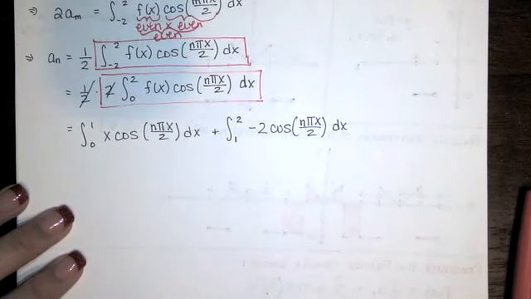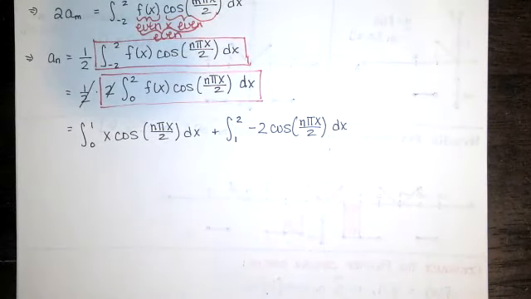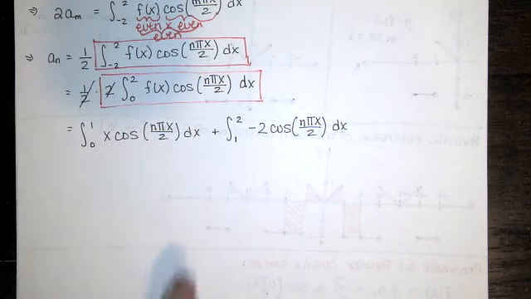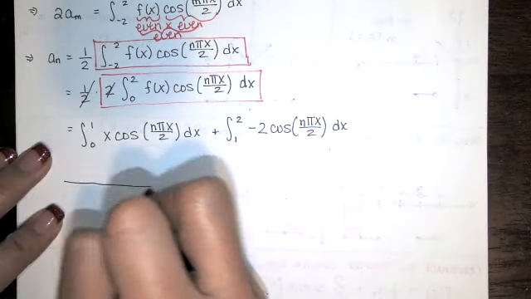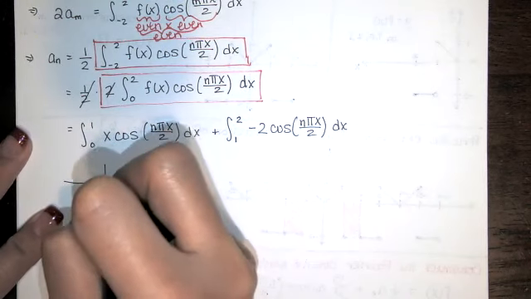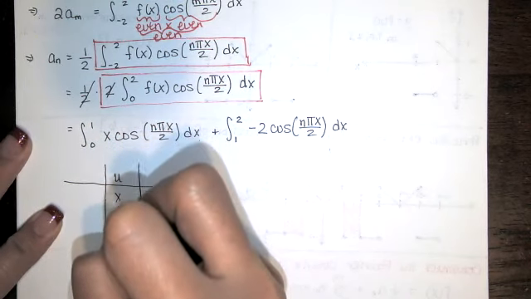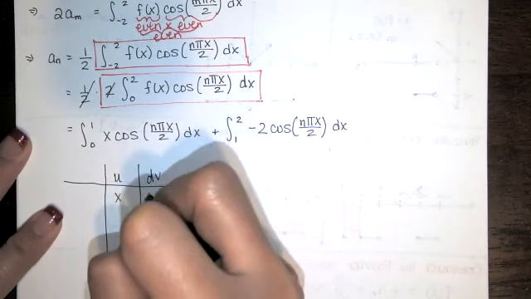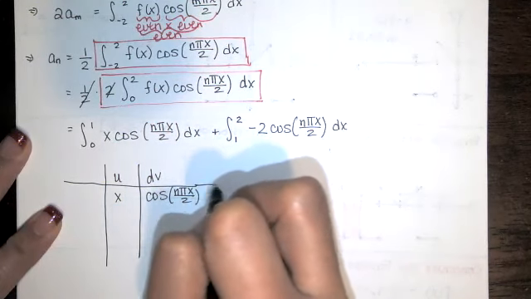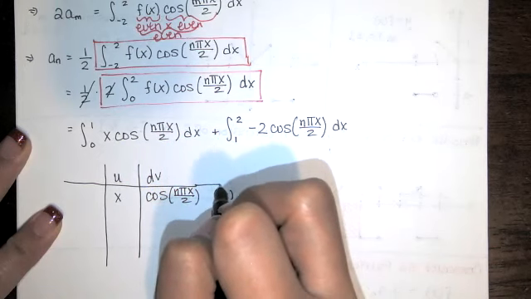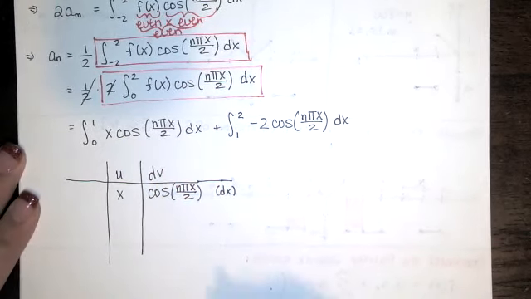And then we just evaluate these. Since I've got a polynomial times a cosine function, I will use tabular integration by parts. So of cosine of n pi x over 2 here. So we're ignoring the dx for right now, so we write that there.